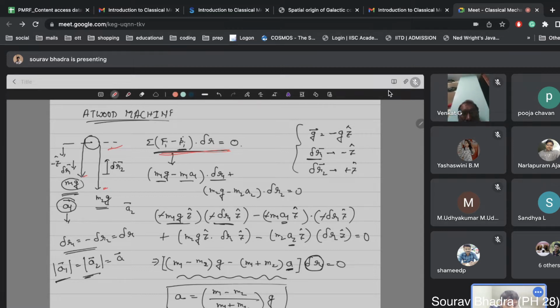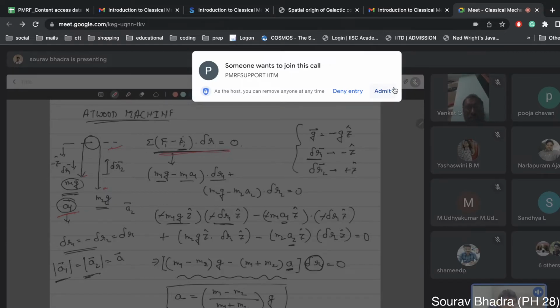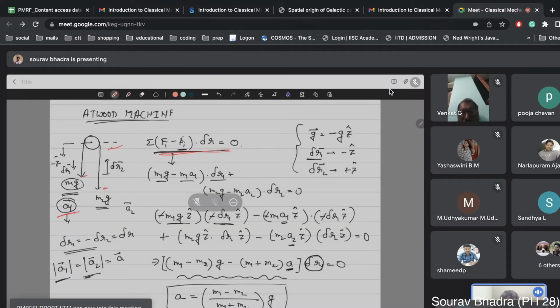That's why this acceleration a1 is in the negative z direction, and as it is going downwards, the m2 mass will go upward. So that acceleration is along the positive z direction, and the displacements of the two masses will be dr1 and dr2, where dr1 is just the negative of dr2 and value-wise they are equal.